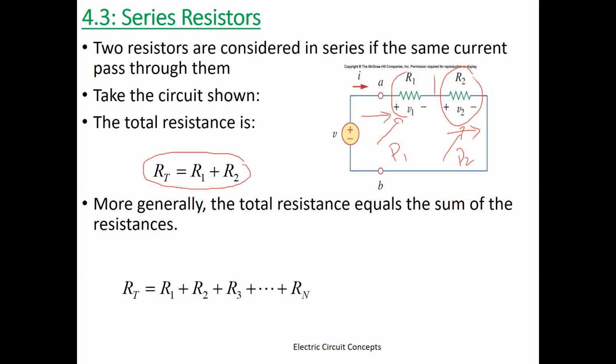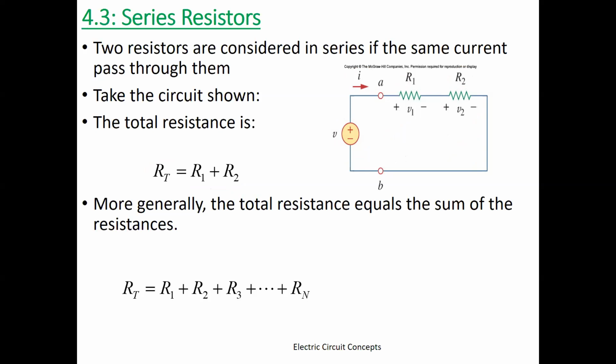When we apply a voltage to these two resistors, both of them oppose the flow of the current. So the current will be less than if I have only one resistor. If I have only R1, the current I will be more than if I have R1 and R2 in series, because more resistance reduces the amount of current through the circuit.